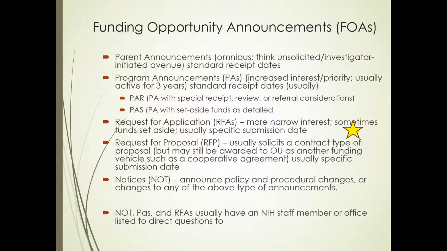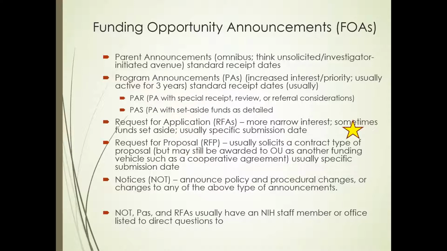They also have notices of special interest. They're called NOSIs that can come out. And we saw quite a few of these with COVID, and we still see one once in a while. And usually when they issue a NOSI, they give you instructions in that actual notice on how you are going to indicate that you want to apply for that special interest area.